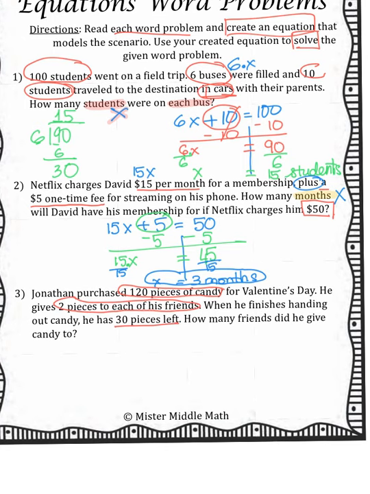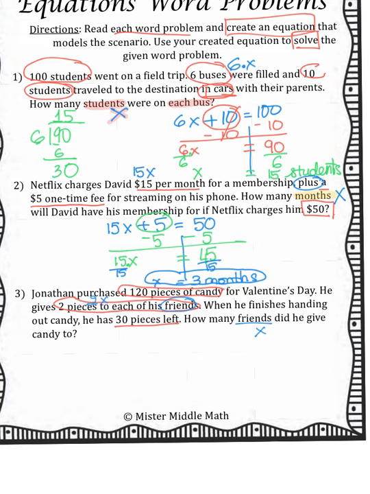We don't know how many friends, so I will call it X. He gave 2 pieces of candy to each of his friends. So for each friend, this is going to be your X, 2X. How many candies did he start with?